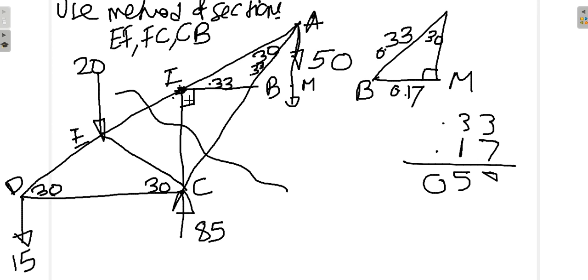So the distance from here to here will be 0.5, and that will be the moment arm of the 50 kilonewton force. So the moment of the 50 kilonewton force about point F will be 50 into 0.5.